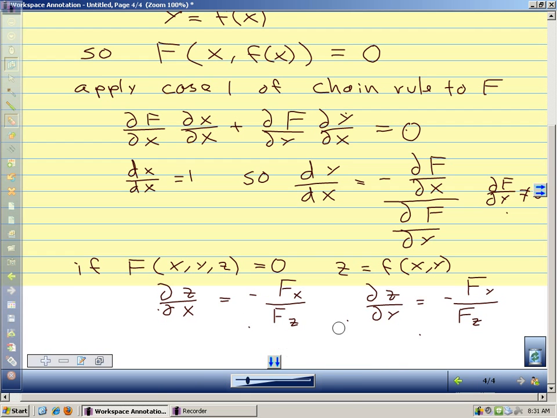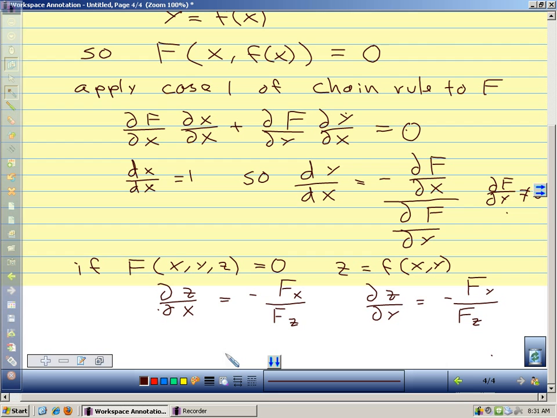So using partial derivatives can help us evaluate these implicit differentiation problems. Questions on this?